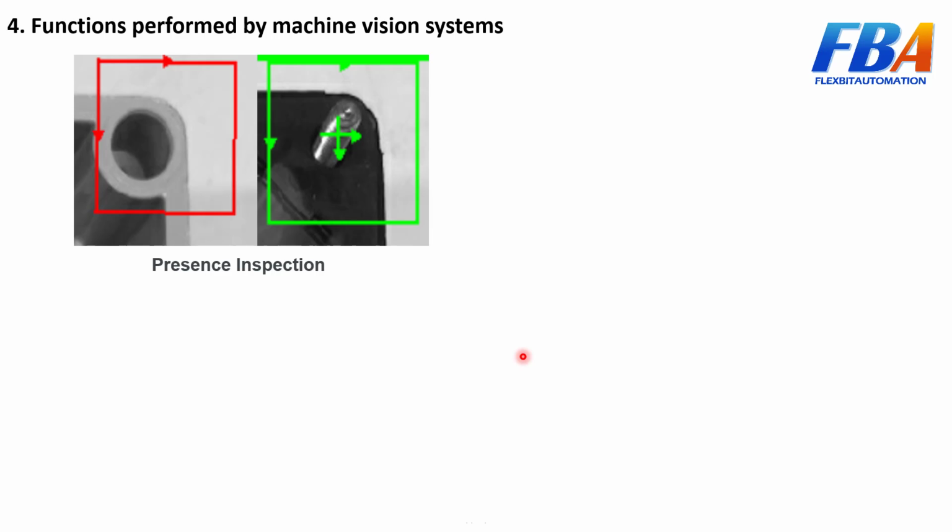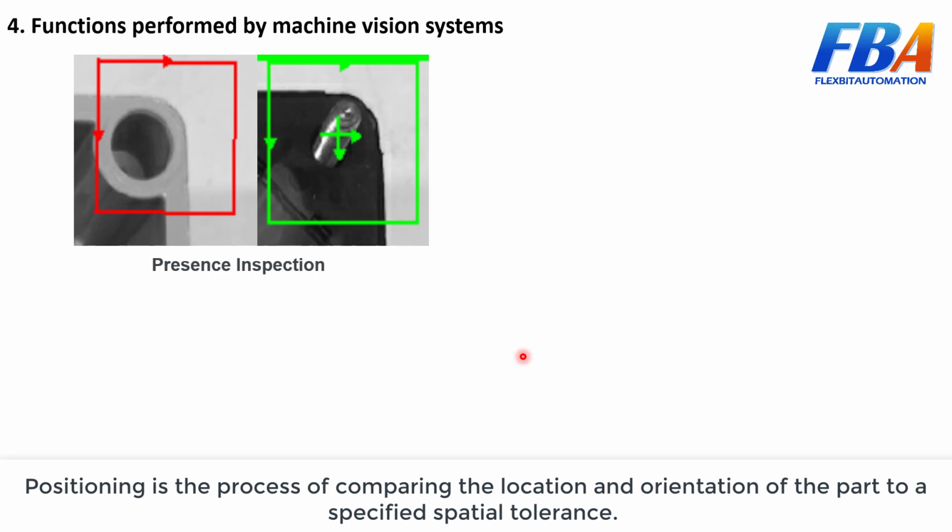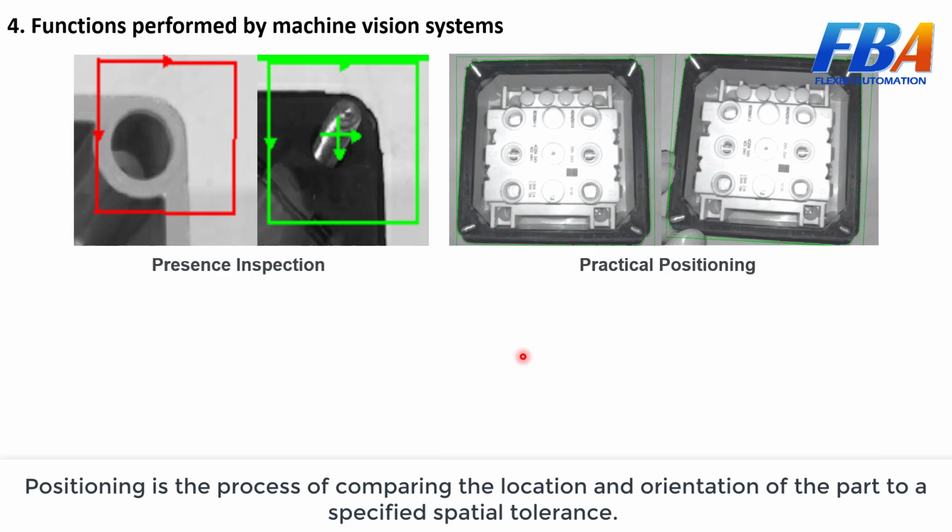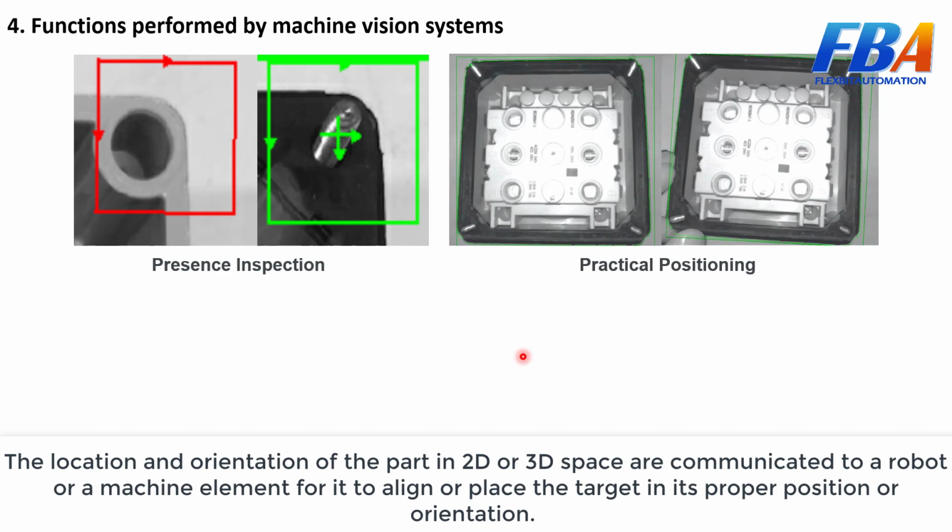The second function is positioning. Positioning is the process of comparing the locations and orientations of the part to a specific spatial tolerance. The location and orientation of the part in 3D or 2D space are communicated to a robot or a machine element for it to align or place the target in its proper position or orientation.